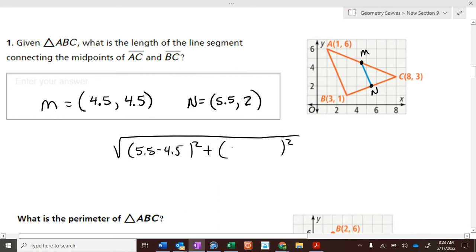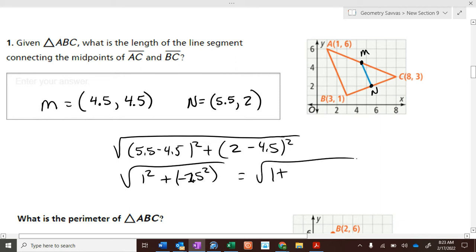And then the y values, subtract them, 2 minus 4.5, and you square that. So it's 1 squared plus negative 2.5 squared. Or 1 plus 2.5 squared, which is like 6.25.